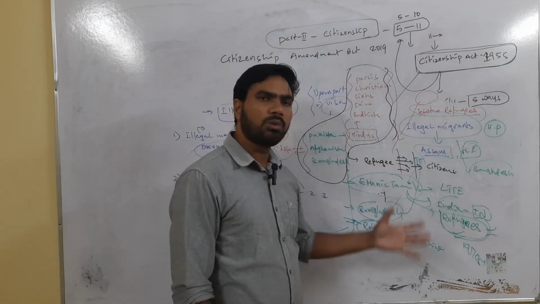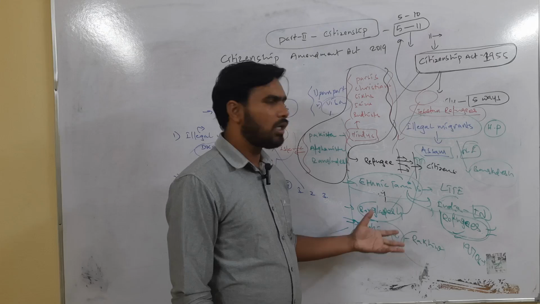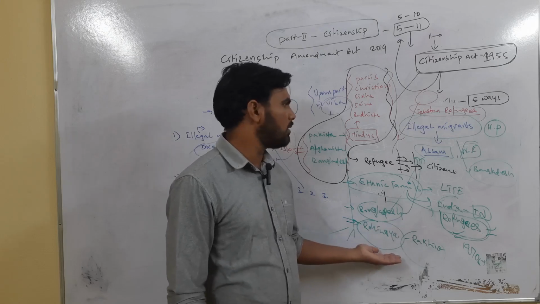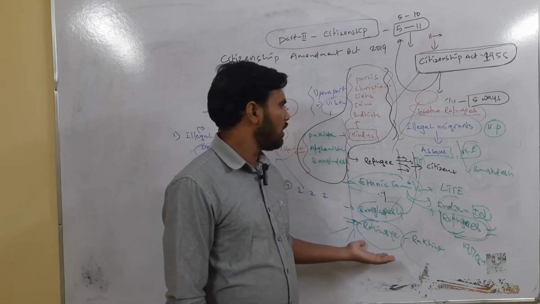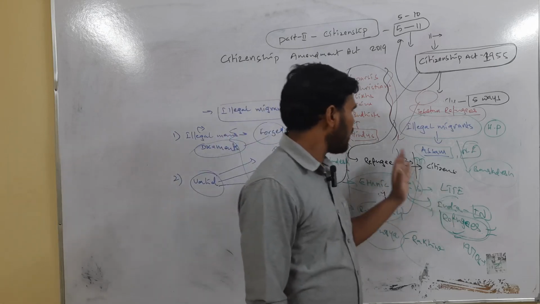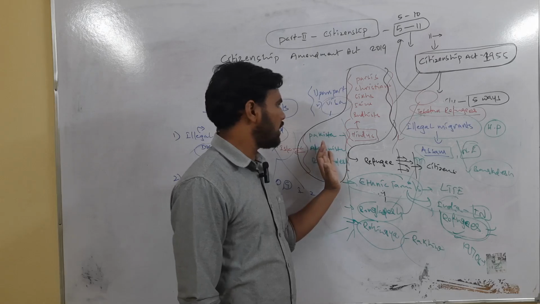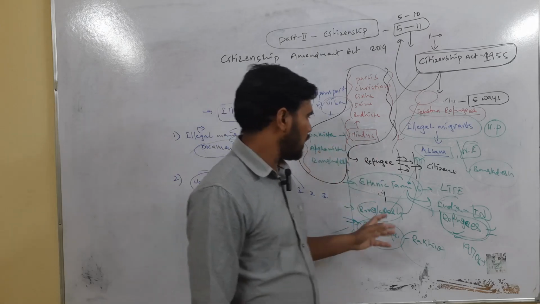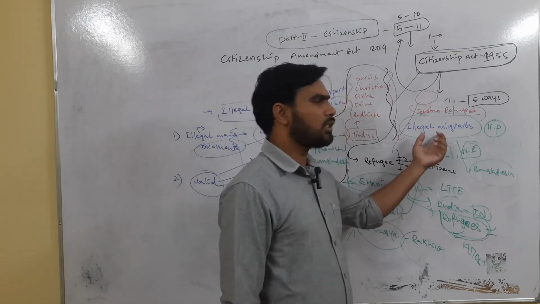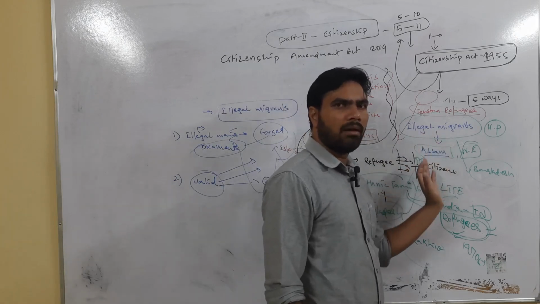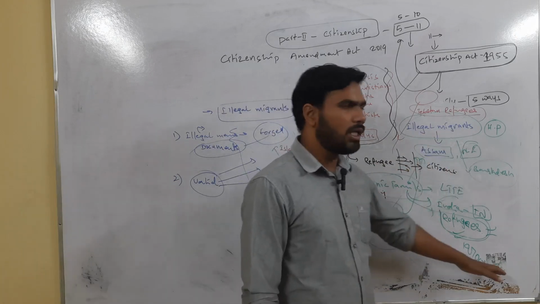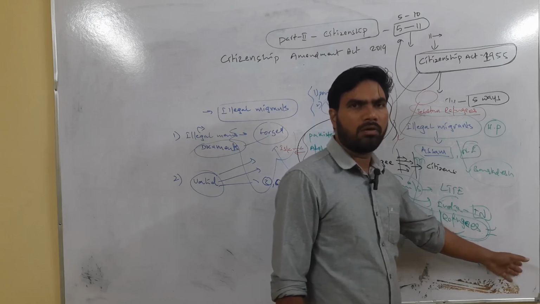But there are other groups: ethnic Tamil refugees from Sri Lanka, the minority refugees from these three countries who have come to India, Bangladeshi migrants especially into Assam, Bengal, and other northeastern states, and Rohingya Muslims fleeing Myanmar.